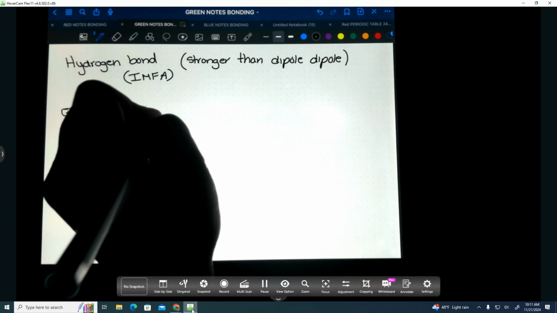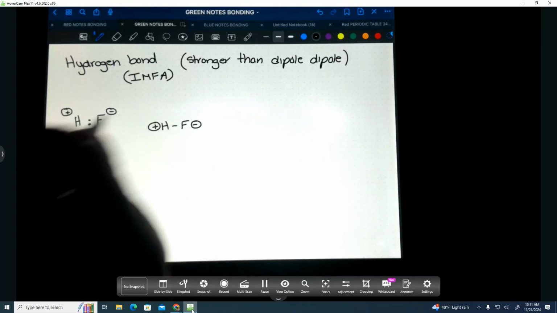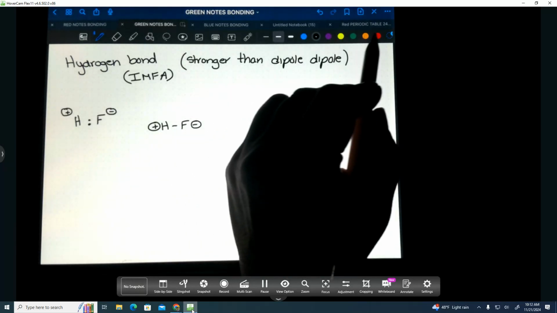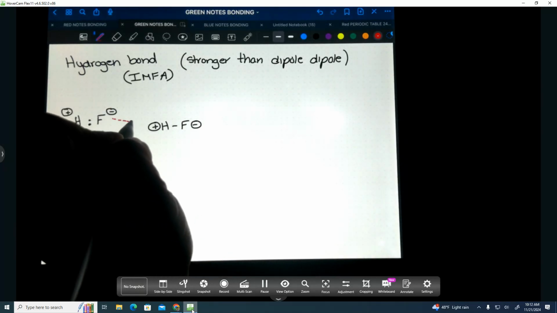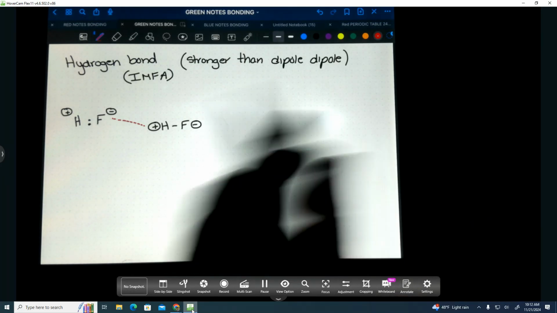If I take another hydrogen fluoride and I bring it near, there is an attraction between the fluorine of one and the hydrogen of the other. That is a hydrogen bond.